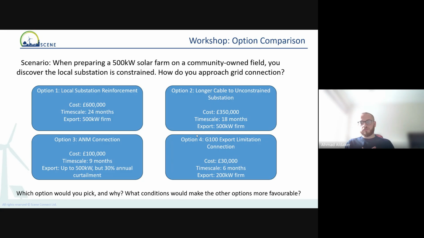So we agreed on this tariff of, let's say, for example, 20p per kilowatt hour. Well, when other generators that have high priority are exporting at their full capacity, you're forced to reduce your export from 500 to, let's say, 300 kilowatts, or 200 kilowatts, for example. And this happens 30% of the time throughout the year.